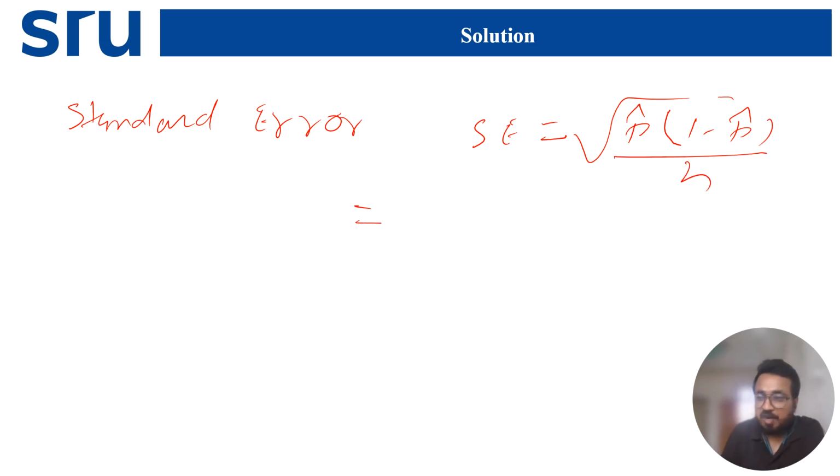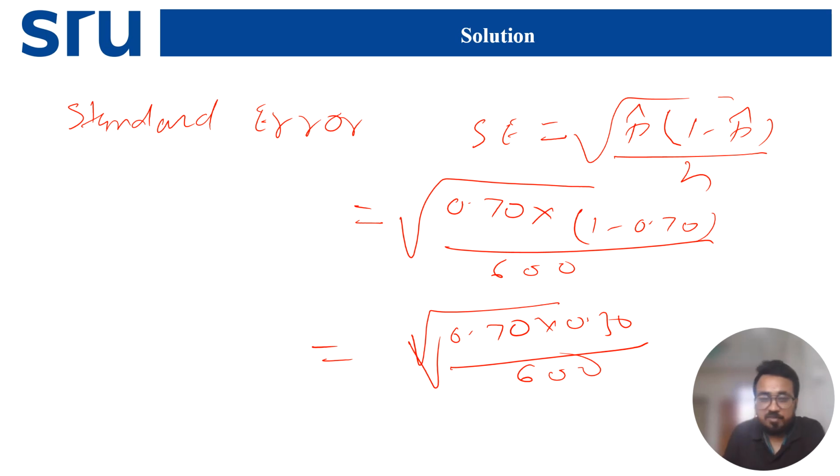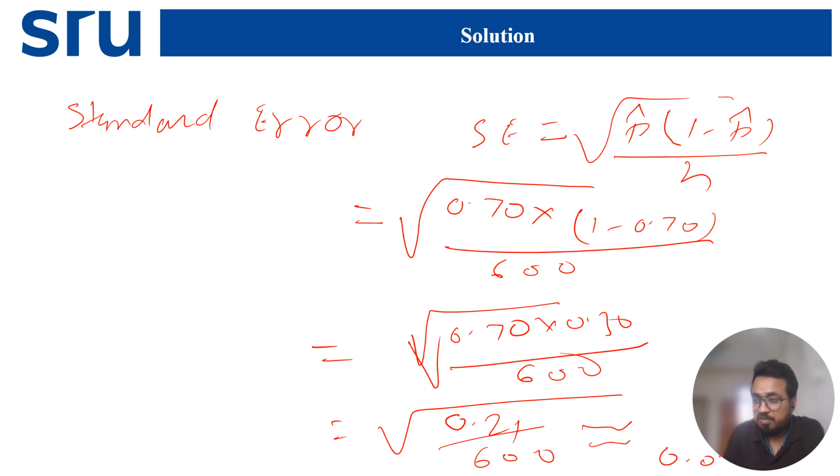So this is equal to 0.7 into 1 minus 0.7 by n, which is 600. This will be 0.70 into 0.30 by 600, square root. Whenever we solve this, we get 0.21 by 600, which is equivalent to 0.0187.